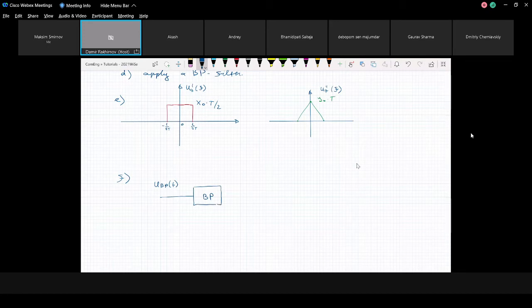Do we want the upper sideband or do we want the lower sideband? After we perform the first step of this heterodyne receiver, we multiply by cosine 2 pi f delta t. And then perform low-pass transformation.